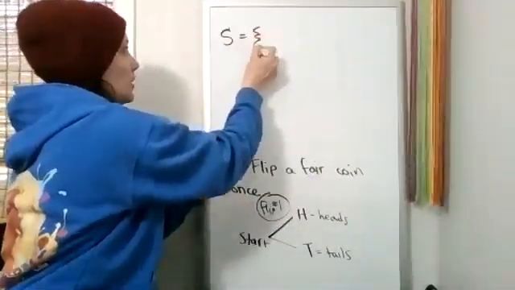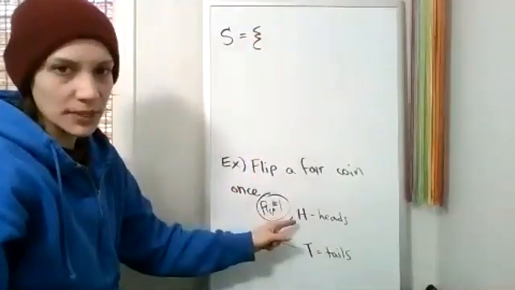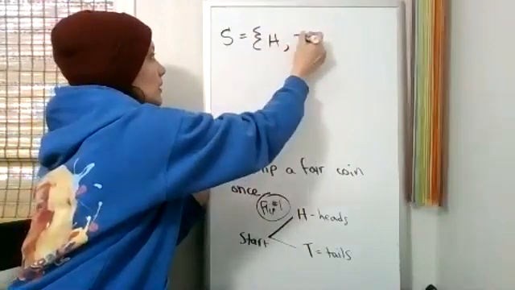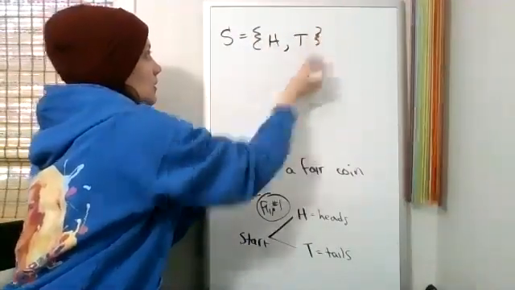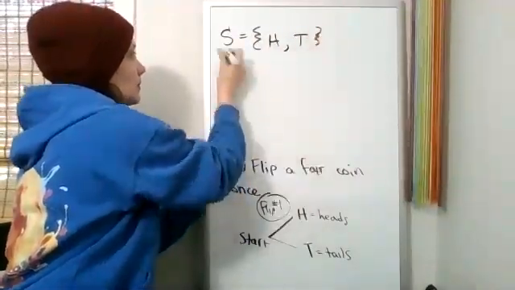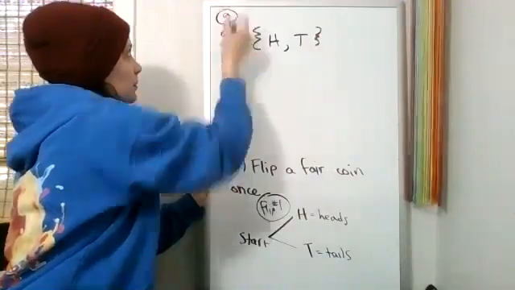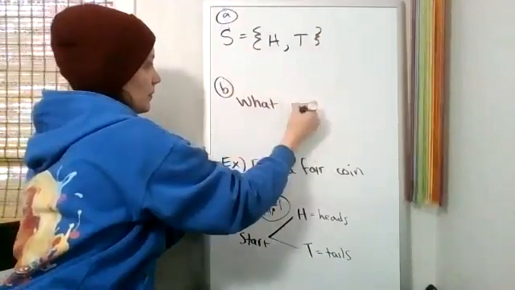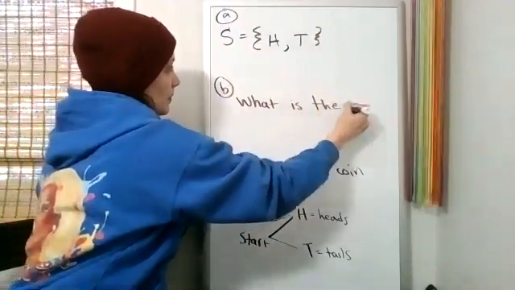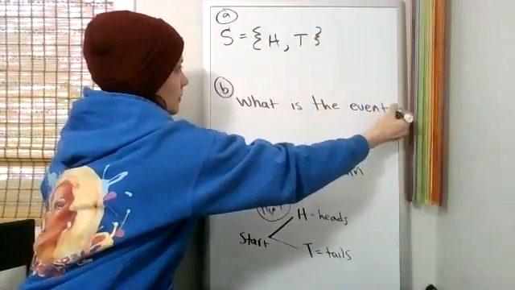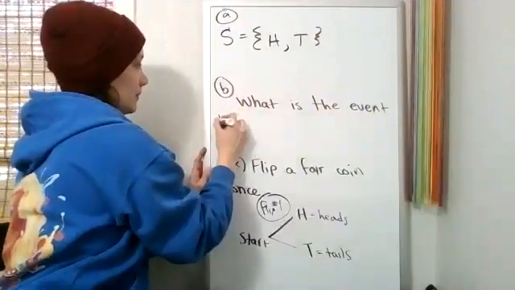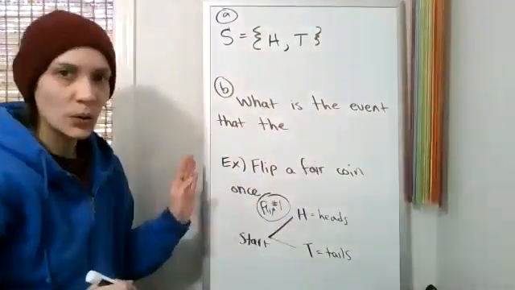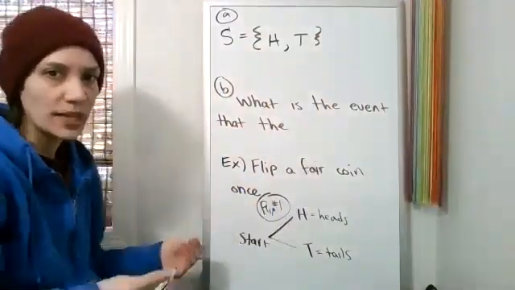The set of all possibilities. This time it's only possible to get heads or tails. Let's call that A. Okay, the event that the coin lands face up, or the event of getting heads.